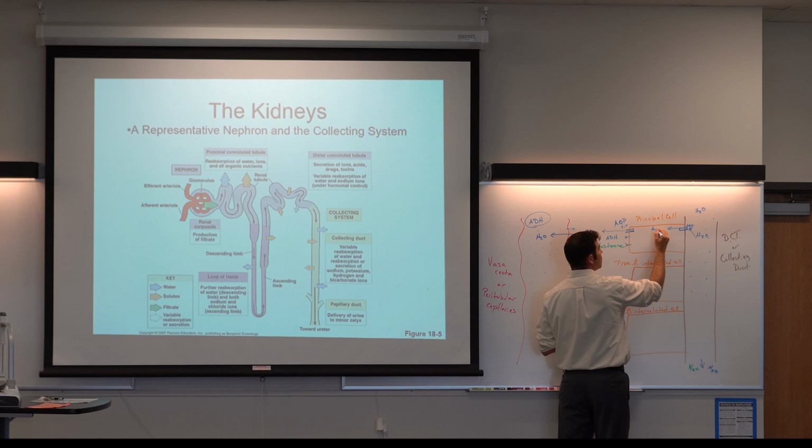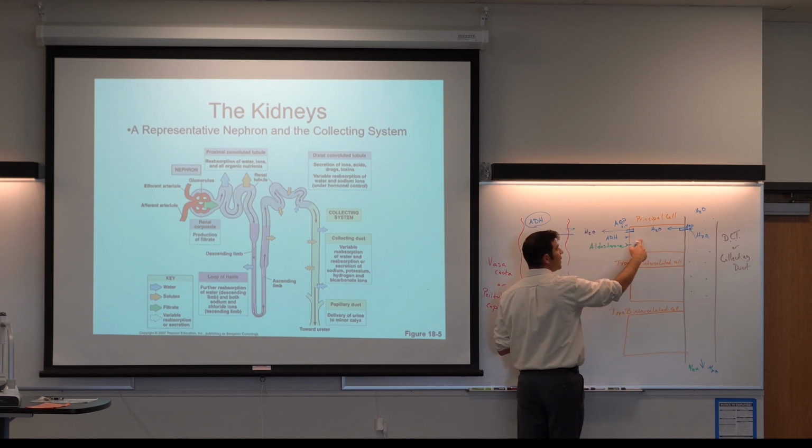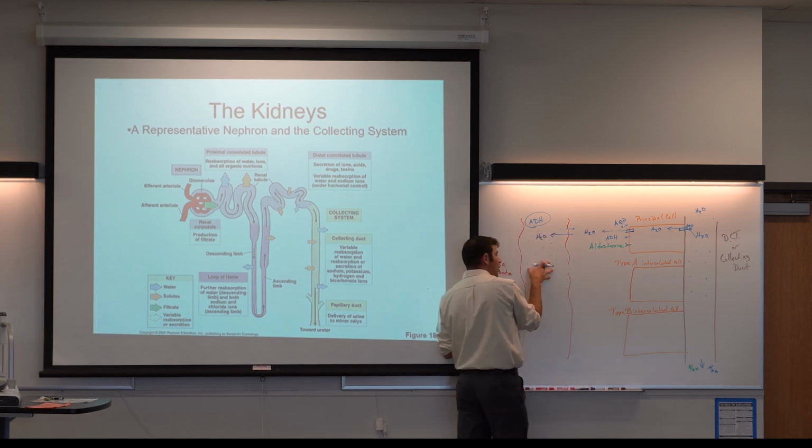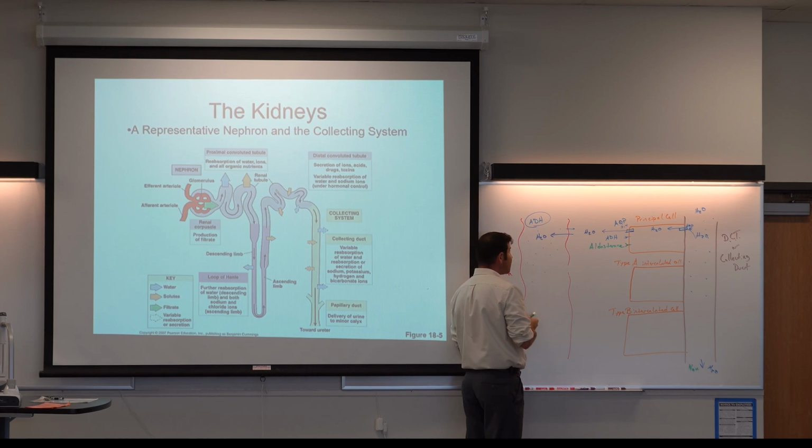These water molecules travel through the cytoplasm of the cell, out the basal side of the cell through those aquaporins 3 and 4 that are always present, and then right back into the bloodstream. So that's antidiuretic hormone helping reclaim water molecules.